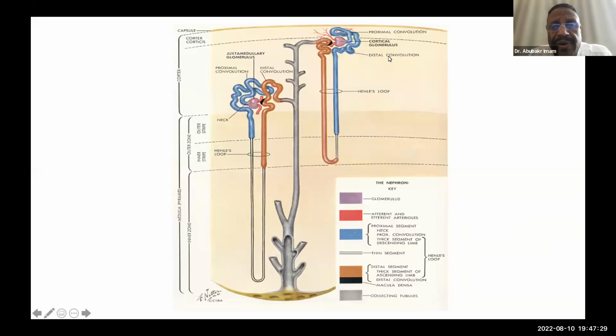You have to remember that this is the cortical area, call it the cortex. This is the medullary area or the pyramid part of the kidney. Diseases affecting the glomerulus will mainly result in proteinuria.